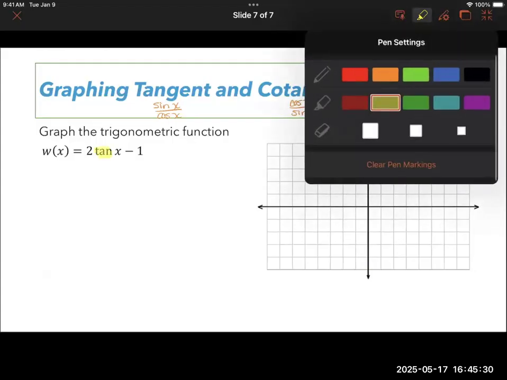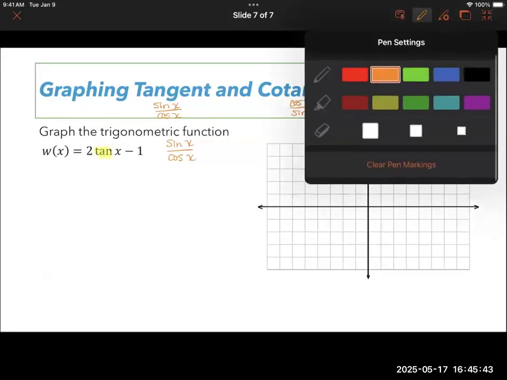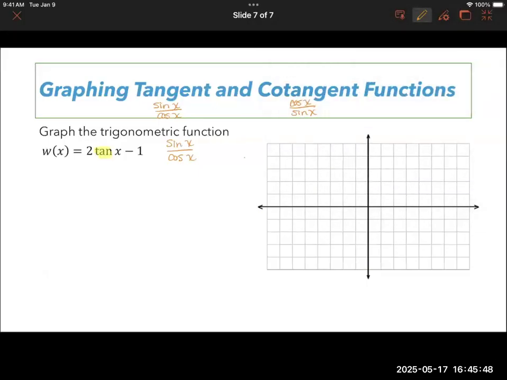So we are considering the equivalent of sine of x over cosine x. Okay, so if we look at our values a, b, h, and k, we've got 2 for a, 1 for b, 0 for h, and -1 for k.